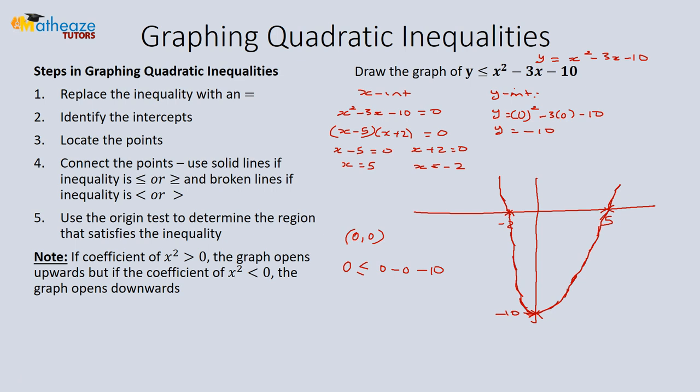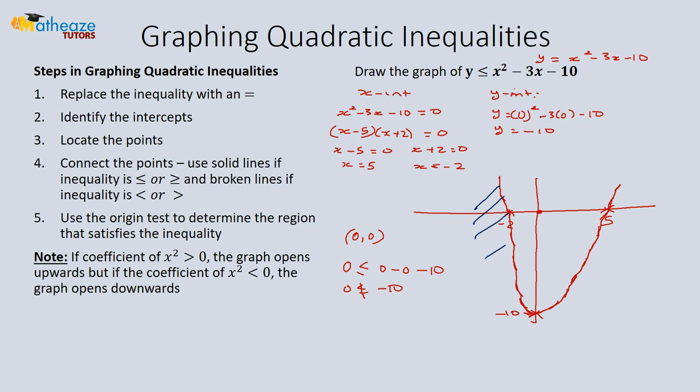So here 0 less than or equal to negative 10. This is factually inaccurate. So if you look at the area that has the origin right here, everything outside of that will be the region that satisfies our inequality. So here's how we're going to show it.